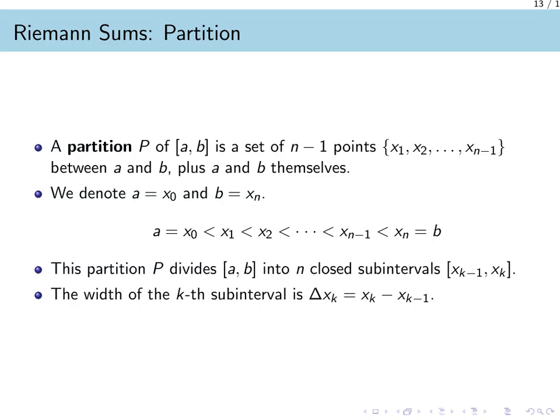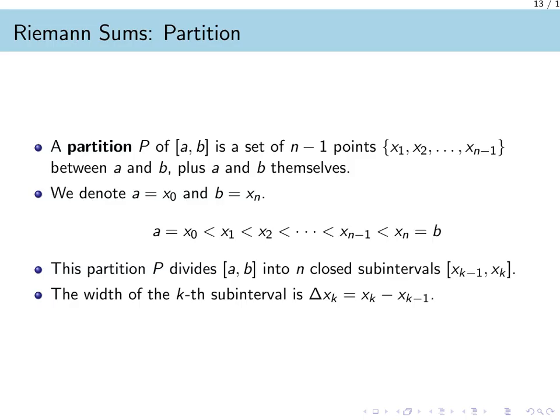The starting point, a, becomes x0, and the ending point, b, becomes xn. Then, we place n-1 additional points between them, labeled x1, x2, and so on, in strictly increasing order. This collection of points effectively chops the original interval into n smaller, side-by-side subintervals.